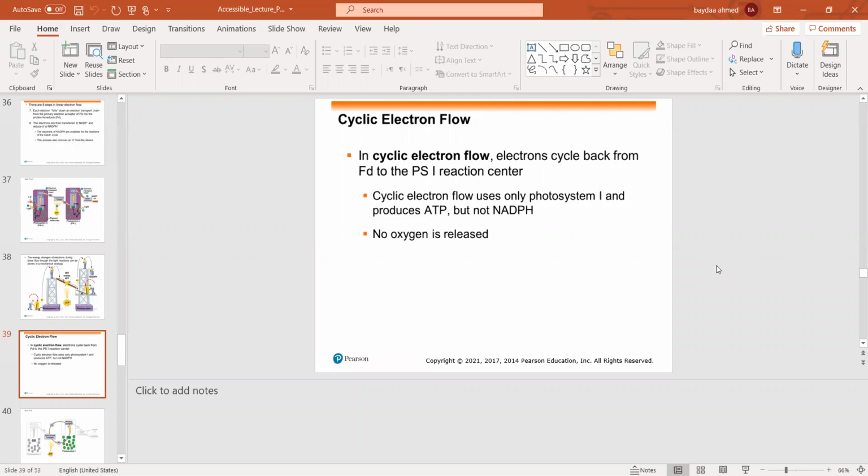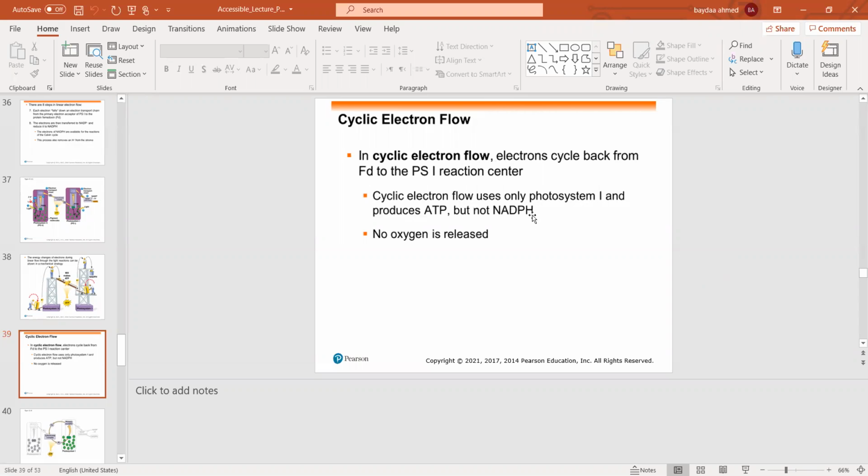In certain cases, a photo-excited electron can take an alternative path called cyclic electron flow, which uses photosystem 1 but not photosystem 2. The cyclic flow is a short circuit.